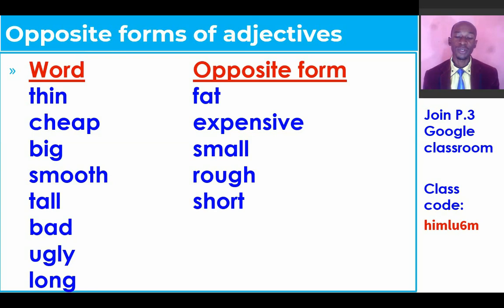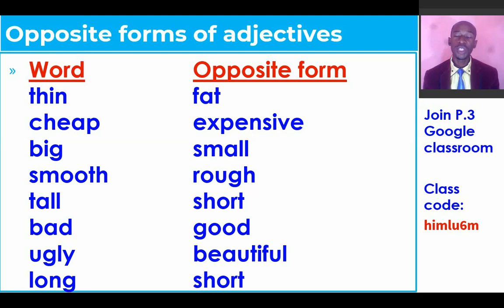The opposite of tall is short. The opposite of bad is good. The opposite of ugly is beautiful, and it can also be handsome. Girls are beautiful, boys are handsome. Then the opposite of long is short.